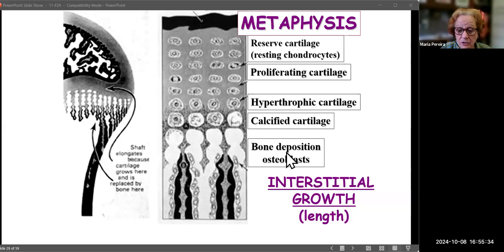Remember that osteoblasts cannot undergo mitosis, so they don't really contribute to bone growth. They contribute to bone ossification, but not to bone growth. The bone can grow as long as these proliferating layers of cartilage can undergo mitosis. This process is responsible for the interstitial growth.